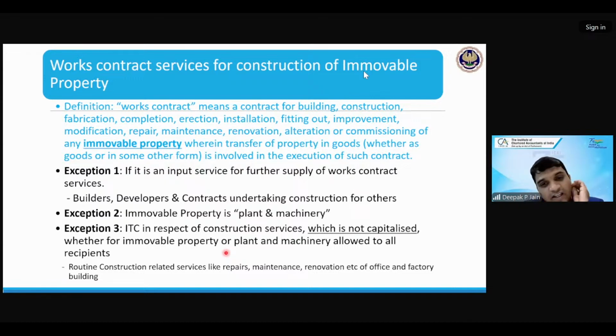Apparatus means a technical equipment or a machinery needed for a particular activity. Same like plant and machinery, when it is for a particular activity, then it is called an apparatus. An example is a fireman wearing breathing apparatus. So that's the meaning of apparatus.